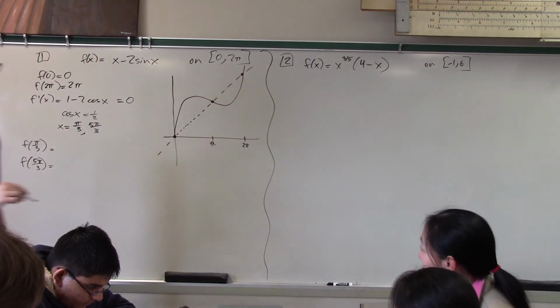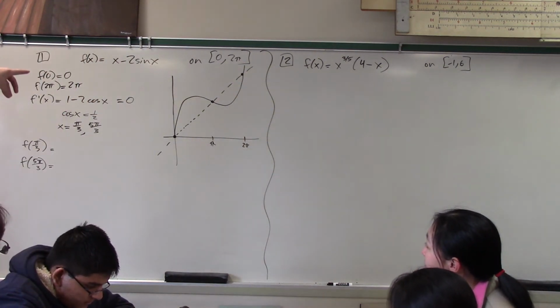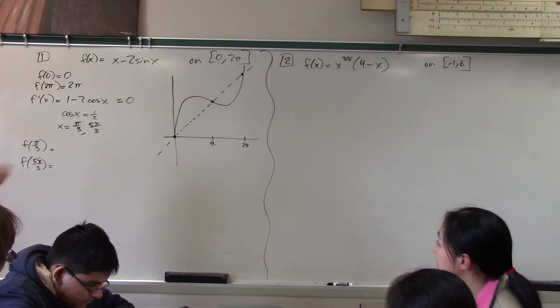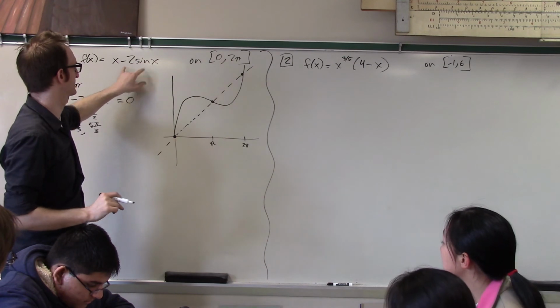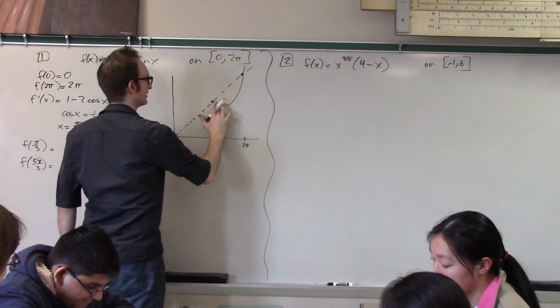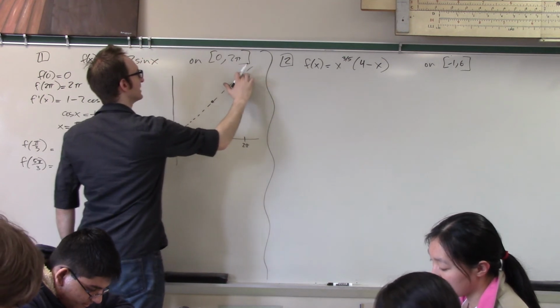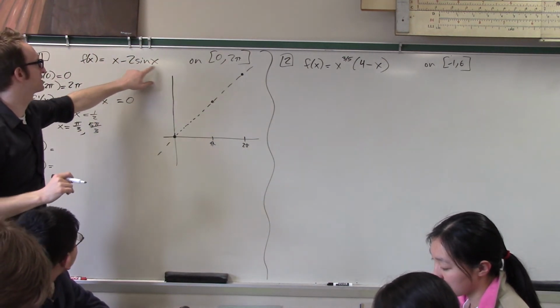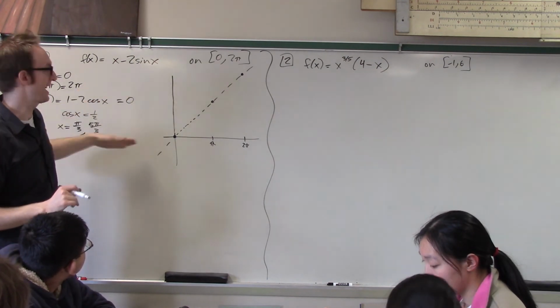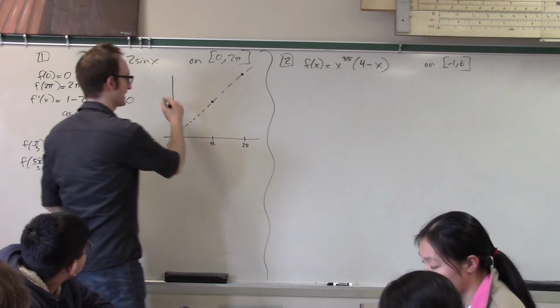By the way, for this first one, I kind of already knew that the function looked like that, because of pre-calc techniques alone. You remember this? We did a problem like this once, except I messed up, so it's actually wrong. Because it's x minus 2 sine x, it's kind of like the sum of two functions: the x function and the negative 2 sine x function.